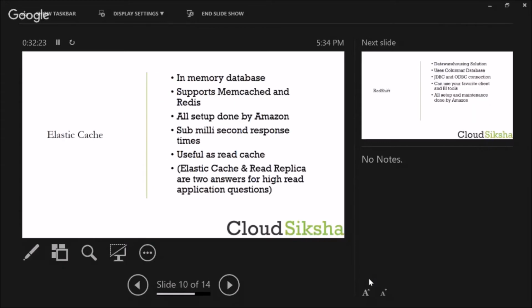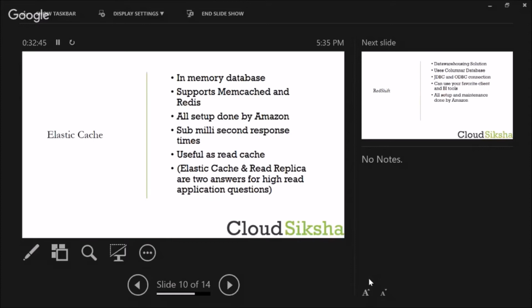The other database is the in-memory database. It's called Elastic Cache. The in-memory database that Amazon supports is Memcached and Redis compliant. That means you can use Memcached or Redis programs to write to the memory and read from the memory.